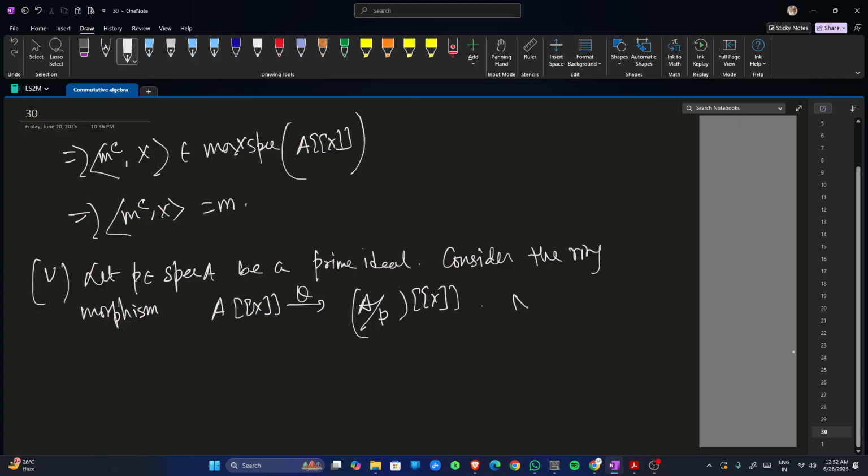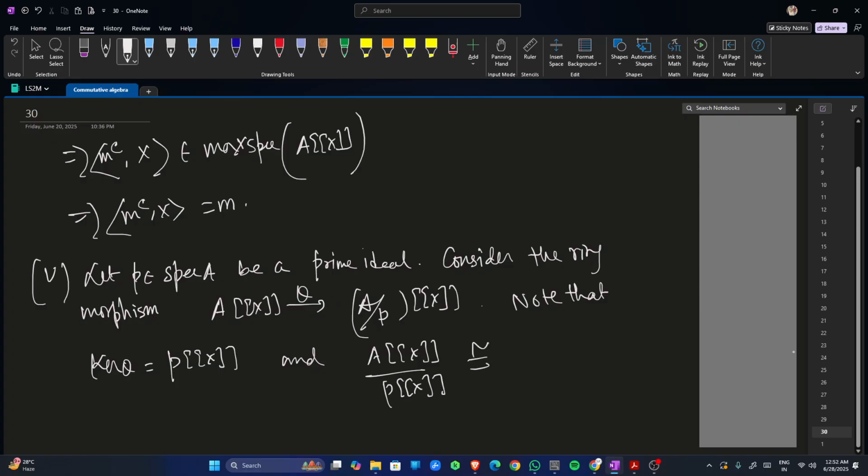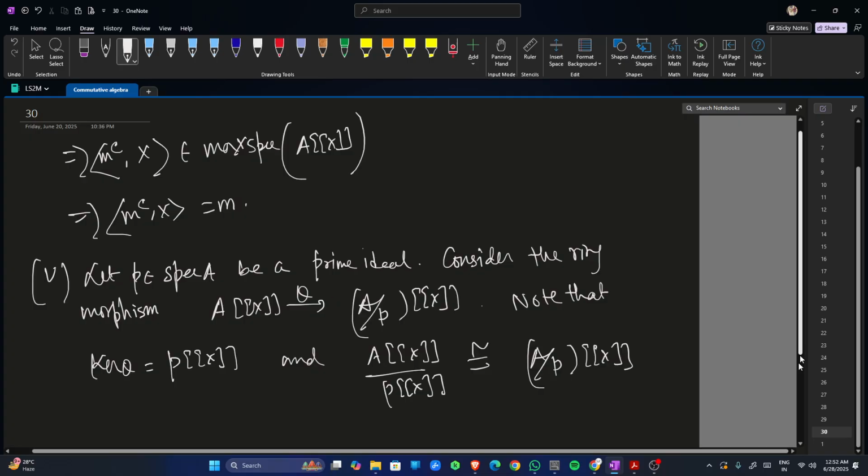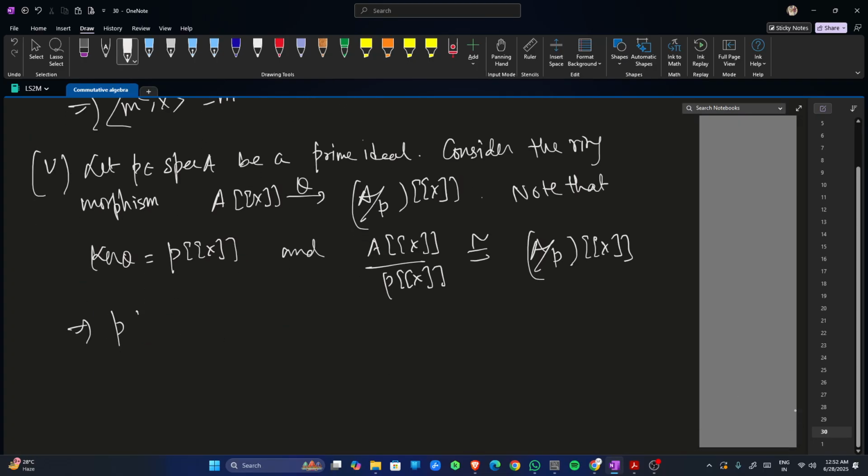Note that kernel theta is equal to this, and A[[X]] mod this is isomorphic to A mod P[[X]]. This implies P[[X]] is in spec A[[X]].